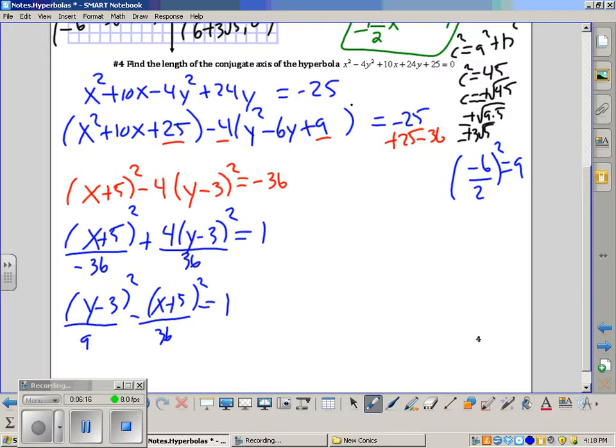Y minus 3 squared divided by 9 minus, so the minus in the middle indicates you're dealing with a hyperbola and not an ellipse, x plus 5 squared over 36 equals 1.